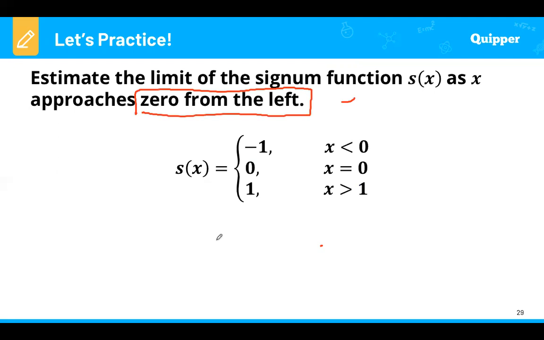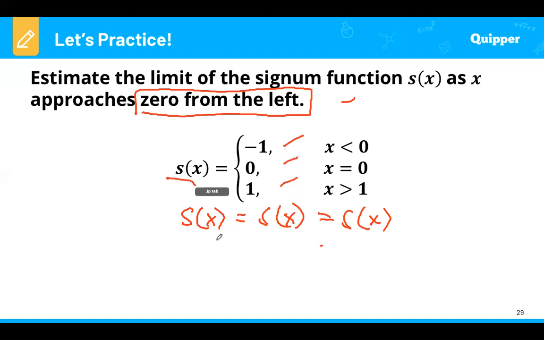Parang dito pinapakita lang na we have 3 s of x's. Since we have 1, 2, 3, and they are all s of x. Now let us understand this.